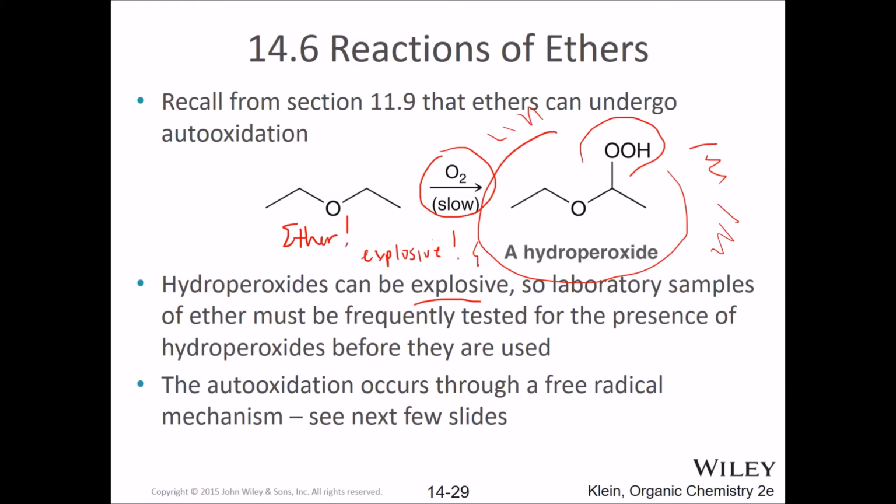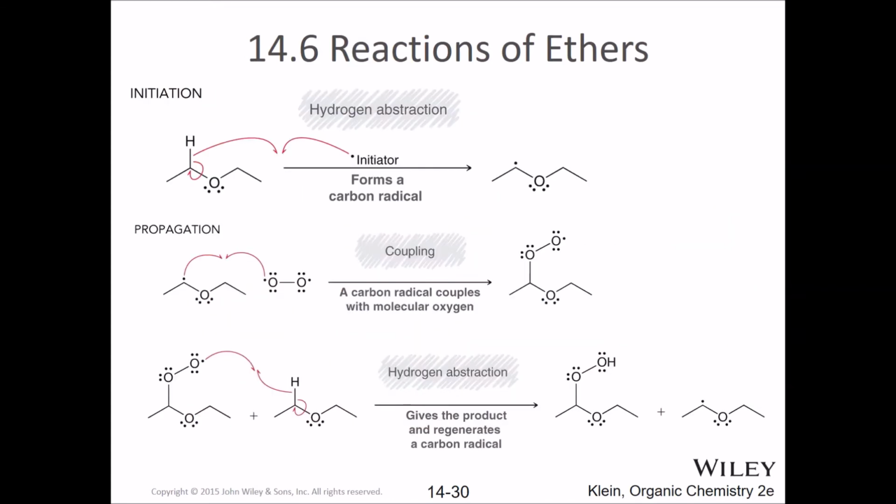Check this out. First of all, this is good practice for you because we do radical mechanisms, and I want you to see them more often than less. Do you recognize this? That's just the ether from before. We have hydrogens all over the place, but we're looking at this particular hydrogen. With that hydrogen, you have some radical initiator, and the radical initiator takes one electron from this bond and then the other electron stays here.